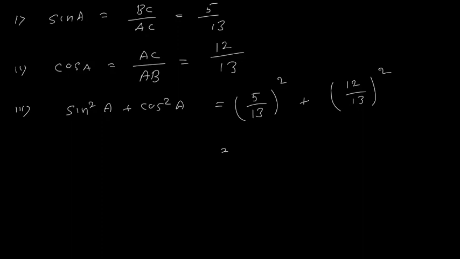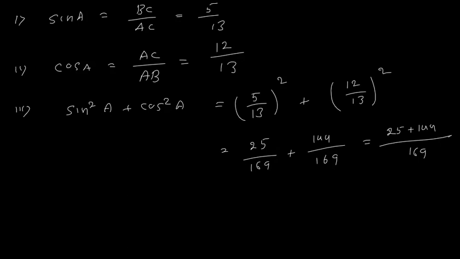Now the square of 5 is 25, square of 13 is 169, plus 12 square is 144 upon 13 square is 169. So 25 plus 144 is in the numerator and 169 is in the denominator. 25 plus 144 is what? 169 upon 169. 169 upon 169 is 1.